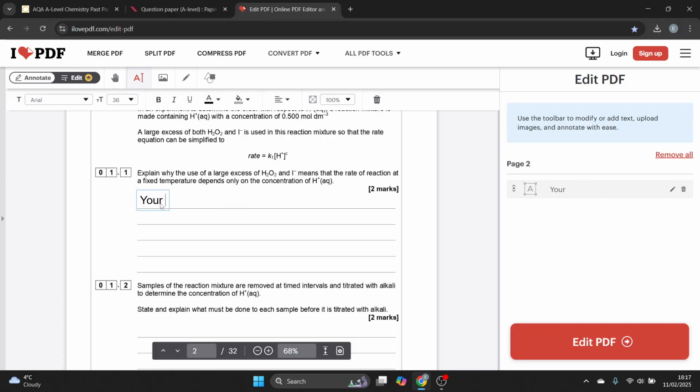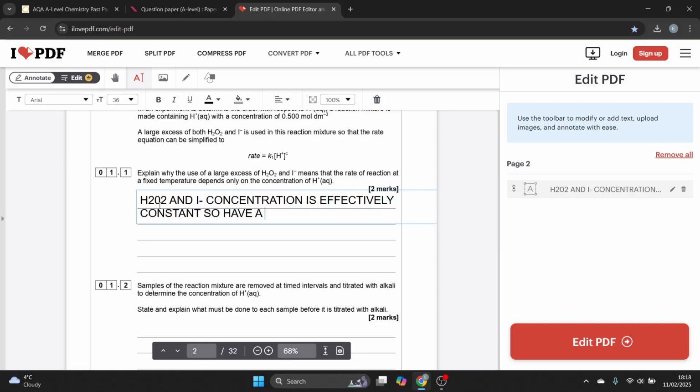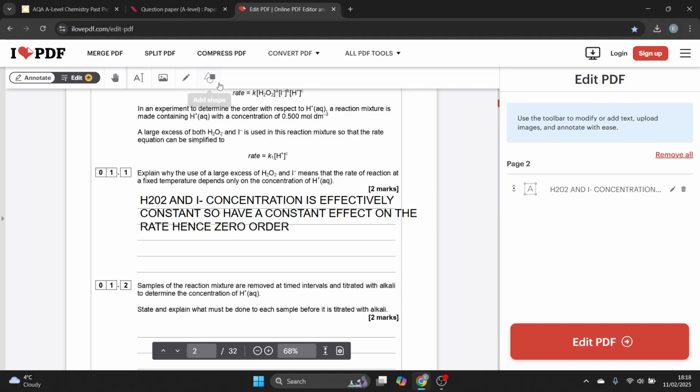Well, the idea that the concentration of H2O2 and I minus is effectively constant, so they have a constant effect on the rate and are zero order, because they're so significantly larger than H plus. Large excess of H2O2 and I minus.